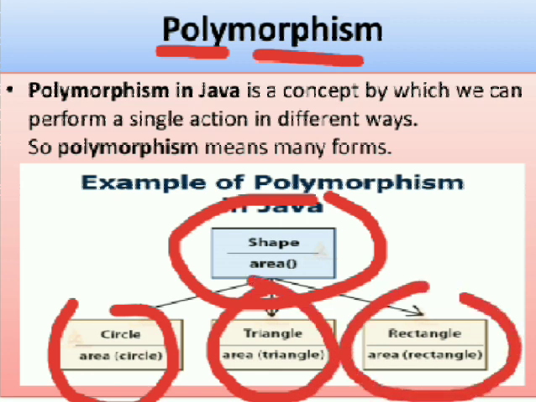Three figures are there, and the formula for calculating the area for each of them is different, but the name is the same: area. That means a single name takes many forms. When a single name performs actions in different ways, it is known as polymorphism. Okay, keep it up to this.